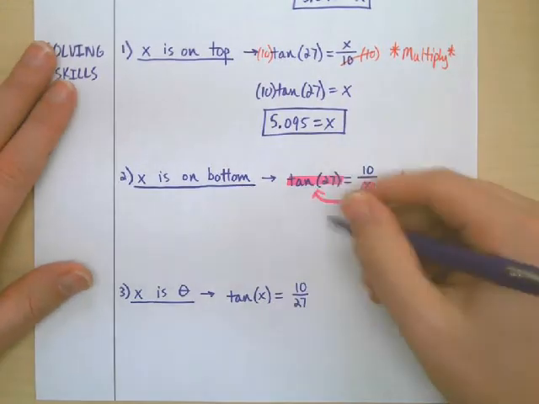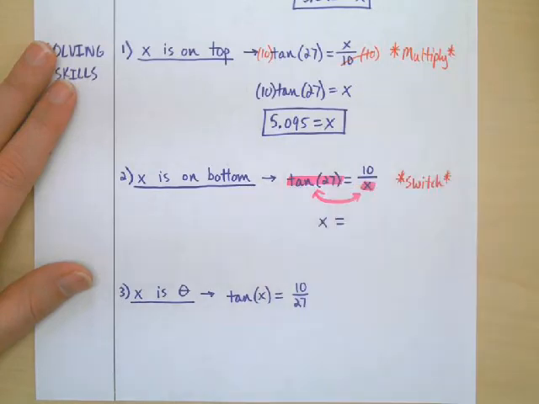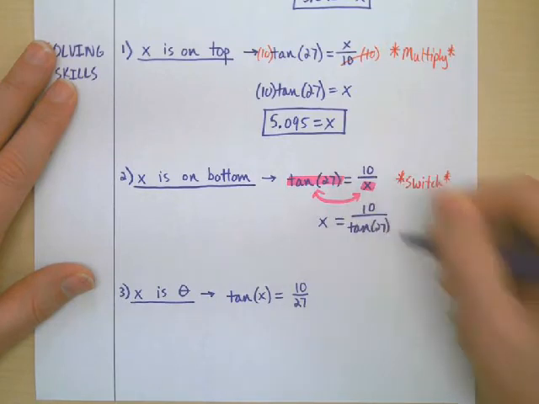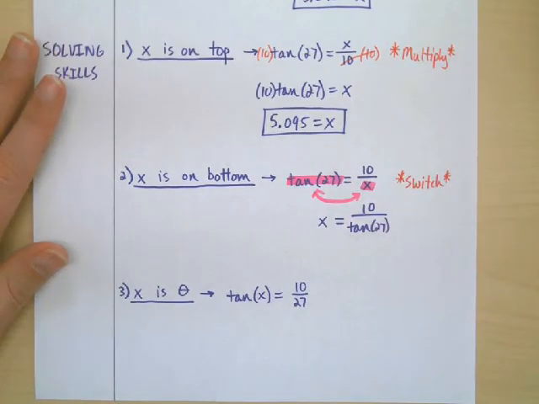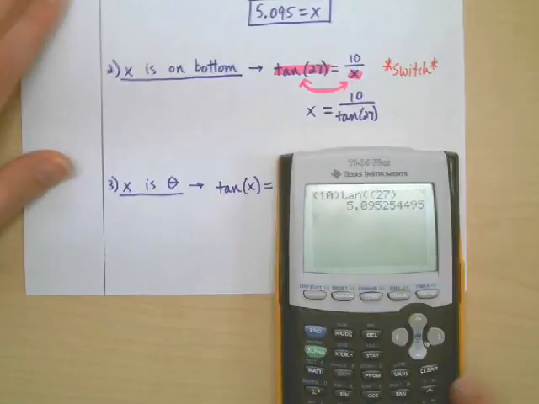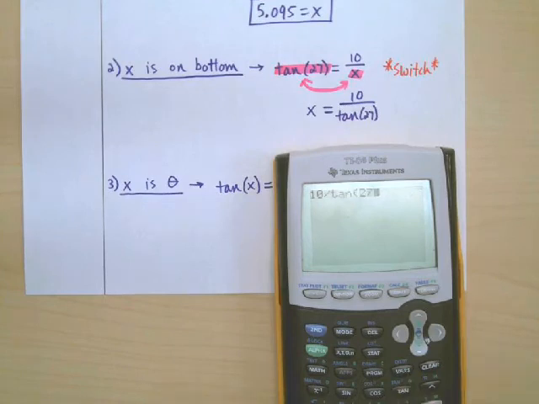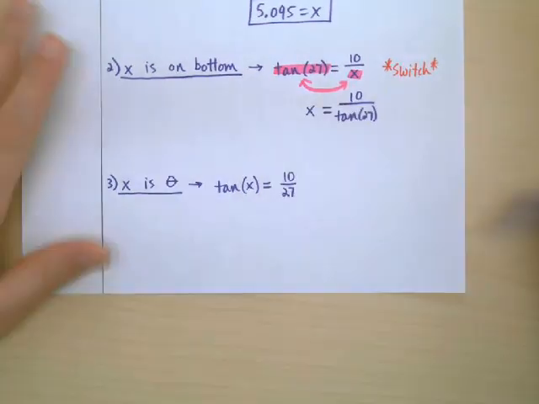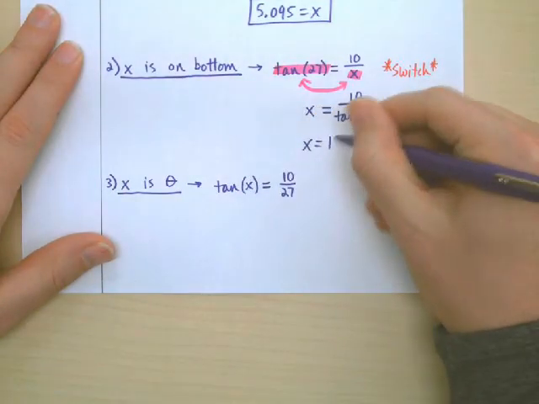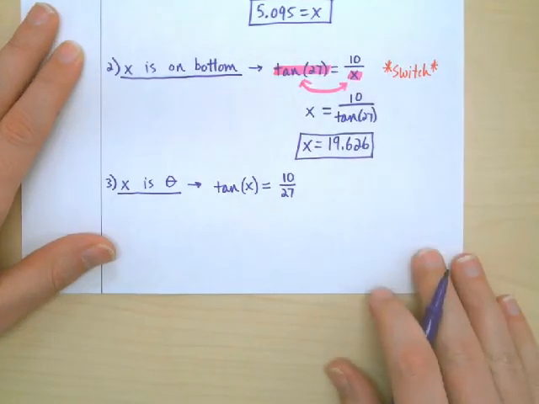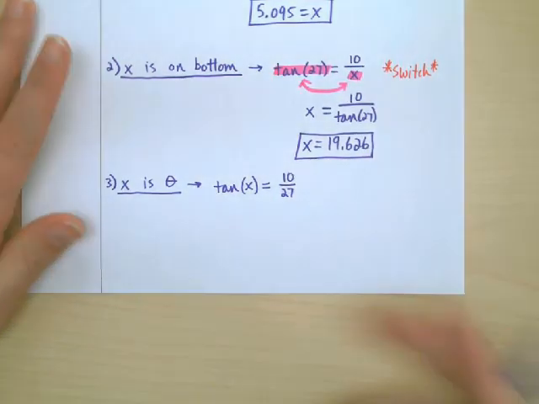That means that x goes to this side by itself, and tan 27 goes to the denominator. I'm going to go to the calculator now. I'm going to write 10 divided by tan 27. And I get 19.626. So when x is on bottom, you switch.